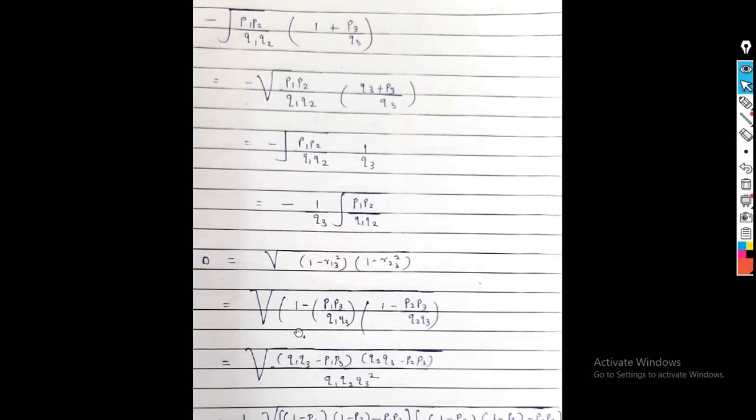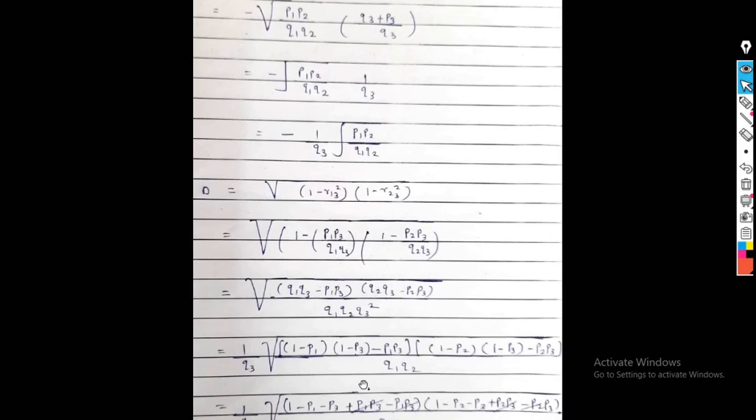Solve this bracket, we get (Q1 Q3 minus P1 P3) into (Q2 Q3 minus P2 P3), and the LCM is Q1 Q2 and Q3 square. Again Q3 square and the square root get cancelled, so we get 1 upon Q3 in square root. In Q1 Q3 we can replace Q1 by 1 minus P1, Q3 by 1 minus P3, minus P1 P3 as it is. Again Q2 we can replace by 1 minus P2, Q3 by 1 minus P3, minus P2 P3.